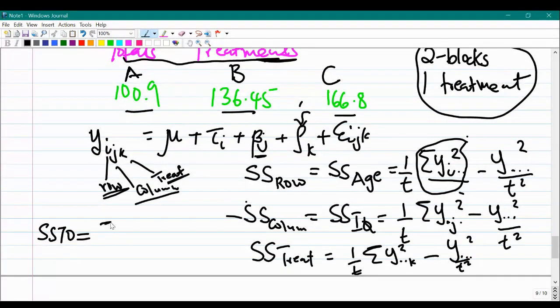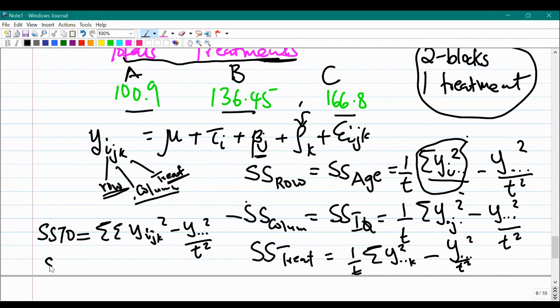SSTO. The error, you know, is SS total minus everything. So SSE is the easiest.